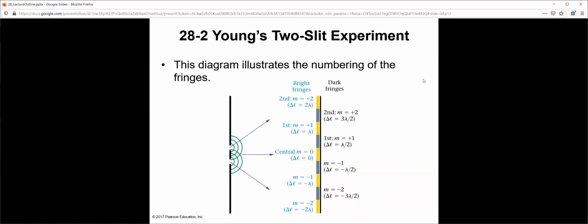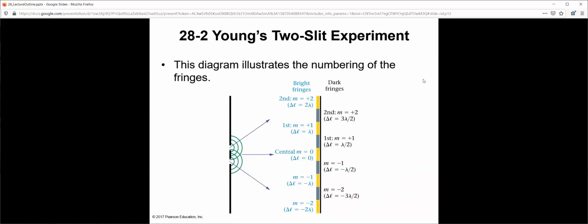However, these waves are going to continue, grow and grow and grow. When they're not meeting, then you have peak and trough meeting, which are all the dark fringes shown around it. And then when you get past peak and trough, you get to peak again, or trough, giving you again bright fringes.